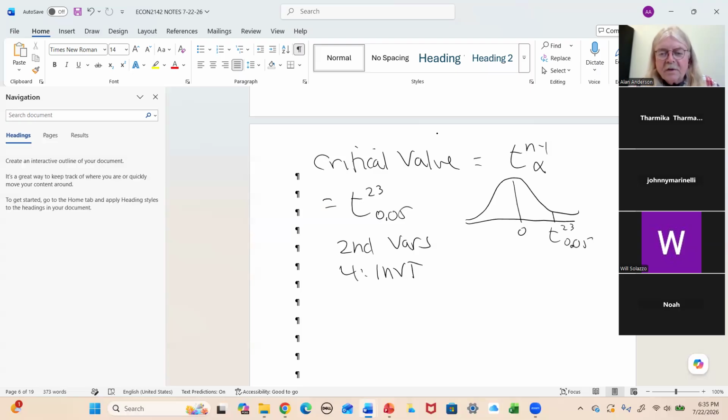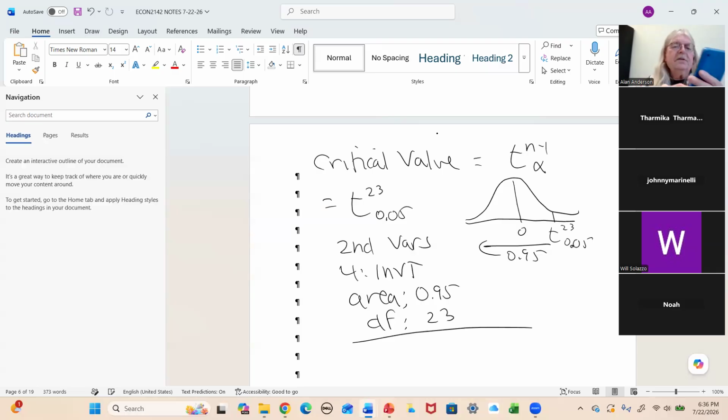And then of course, it wants an area and degrees of freedom. Area would be 0.95. Degrees of freedom is 23. All right, let's try it. 1.714, let's say.